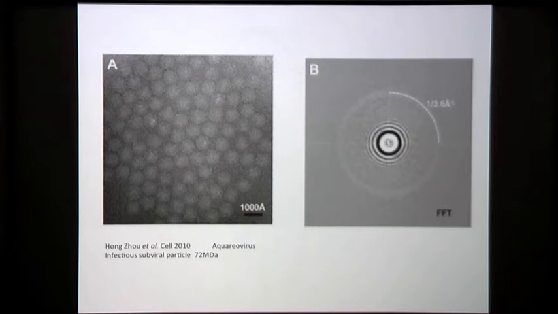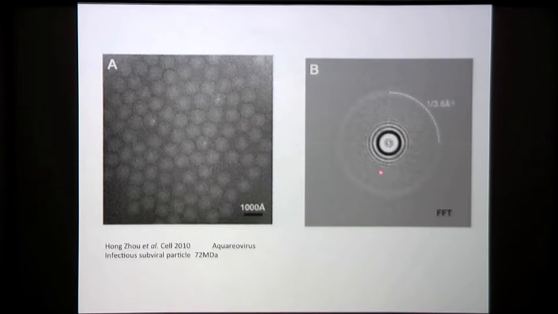Hongzhu and his colleagues and some other people with a different virus, Nico Grigoriev using rotavirus, essentially had the next breakthrough in resolution, where with a virus called aquareovirus, you can tell how good your images are by how coherently these fringes in the transfer function go out in the Fourier transform.